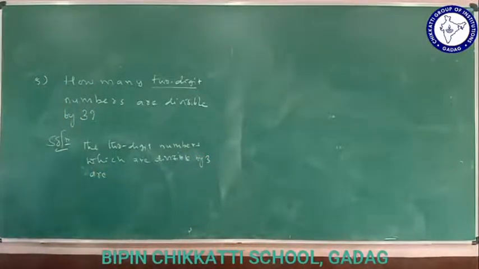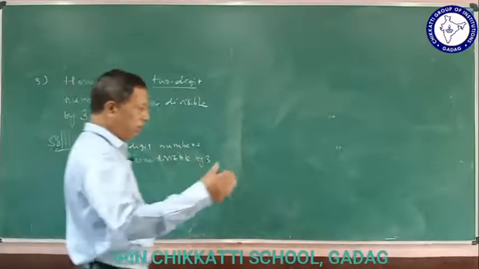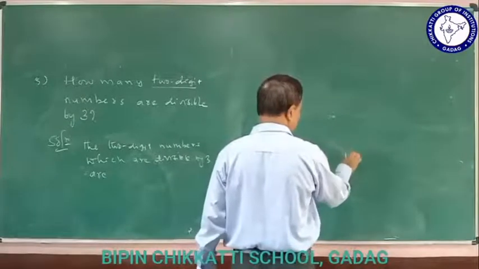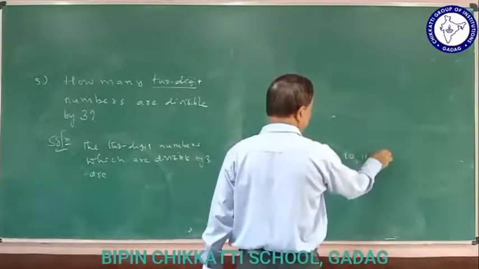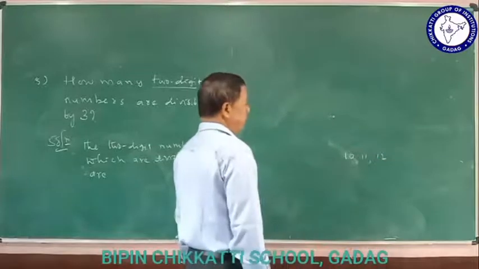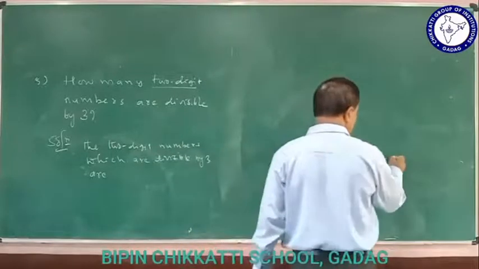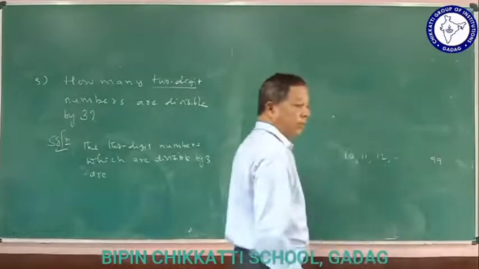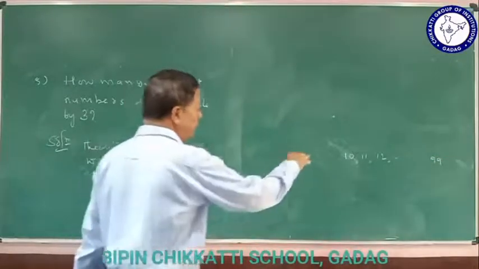The first two-digit number is 10. You can write 1, 2, 3, up to 9, but 9 is a single digit, so starting with 10, 11, 12, you can go on. Can you say what is the last two-digit number? 99. Yes, the last is 99. So these are the two-digit numbers.